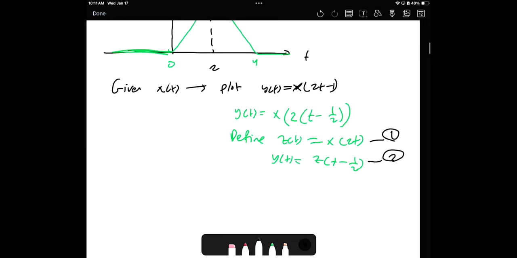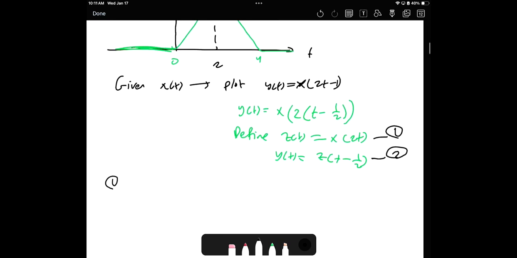Now for the first equation, step 1, where z of t equals x of 2t, since 2 is larger than 1, therefore we will shrink. It will be shrinking, not expanding. If it is less than 1, it will be expanding.